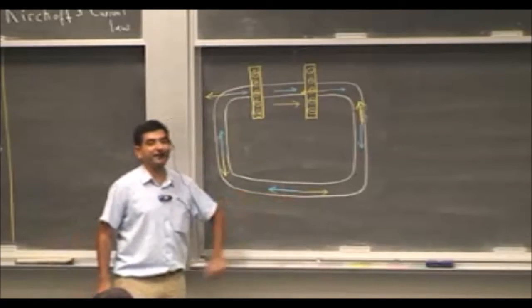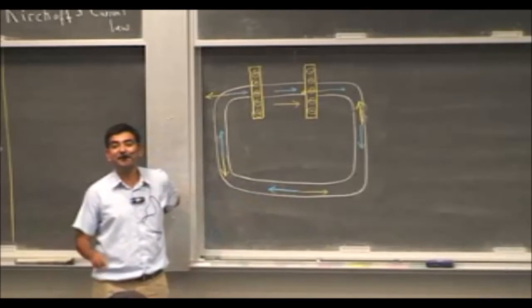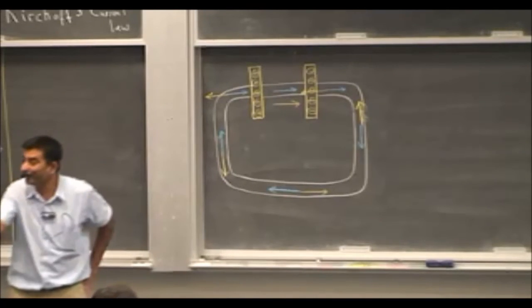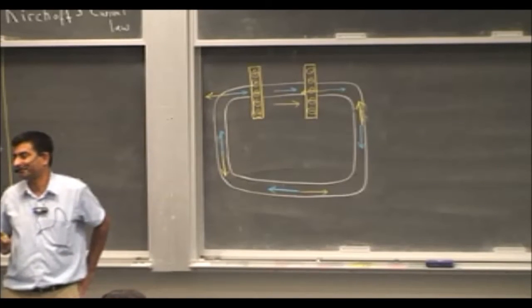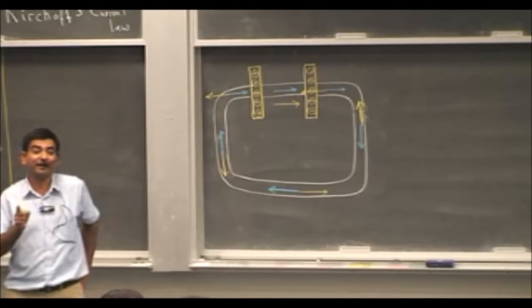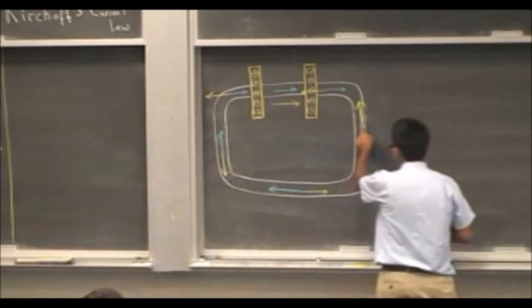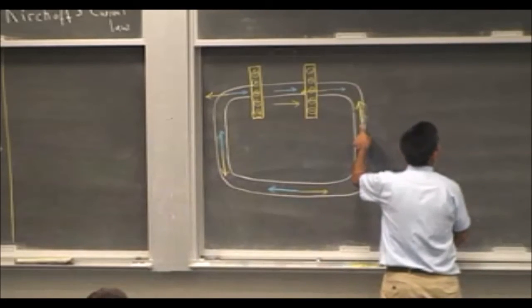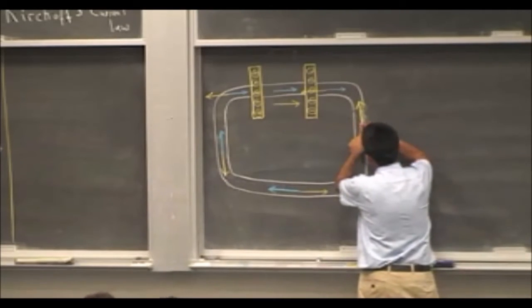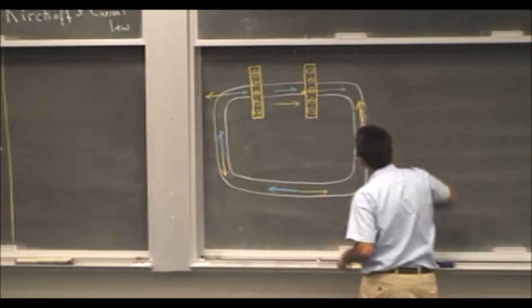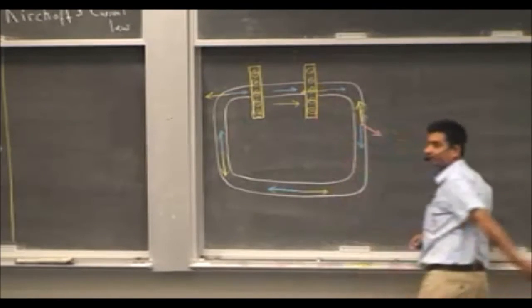Now where is this electric field coming from? This electric field cannot be explained by the battery alone. We've already seen that. Okay? It cannot be explained by the battery alone. Because if we were to consider the battery alone, the electric field here would point in some direction like this, away from these negative charges.